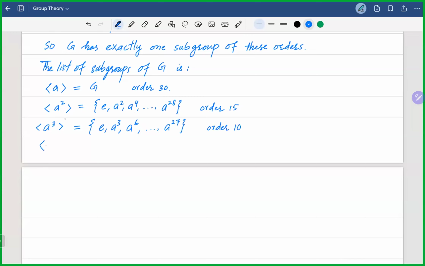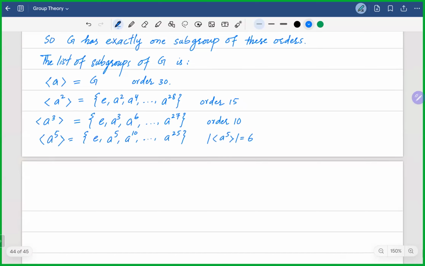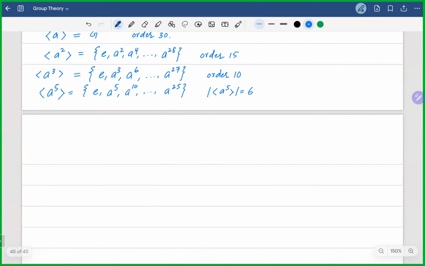Then you can write A power 5, which has E, A power 5, A power 10, up to A power 25. This is order 6. And similarly, you can go on.